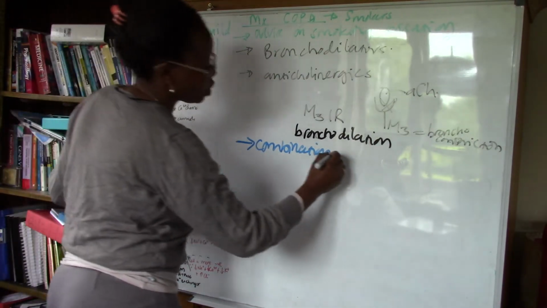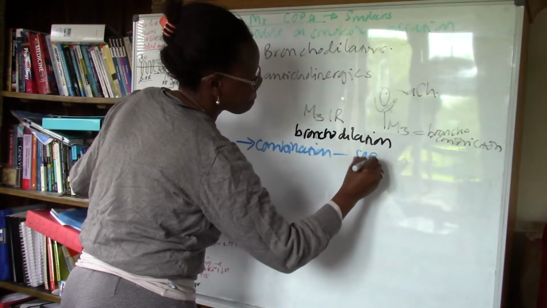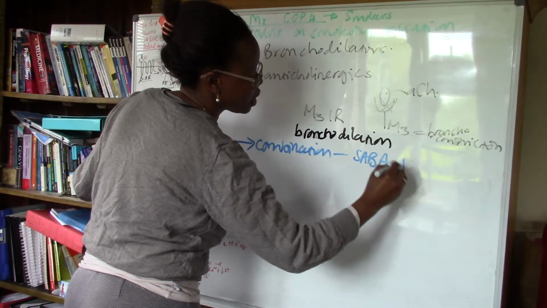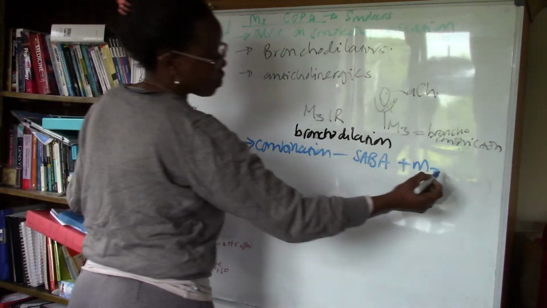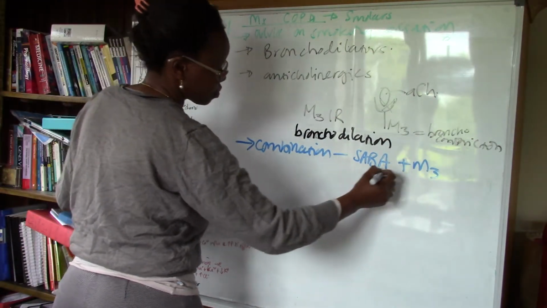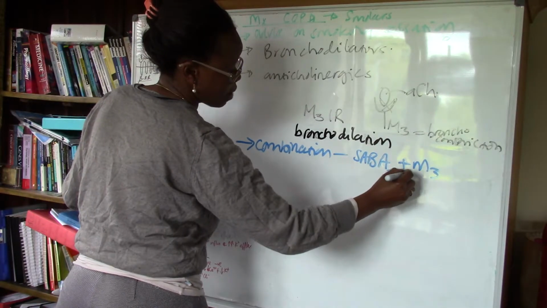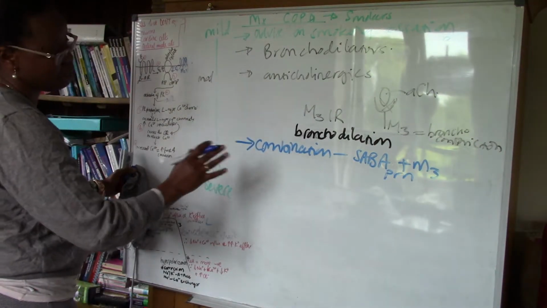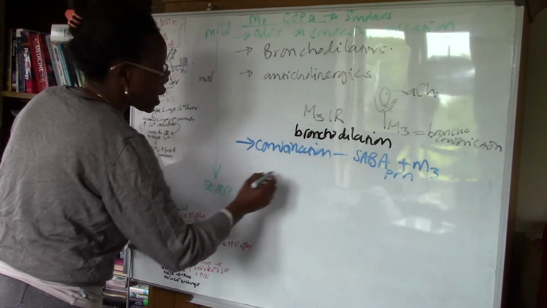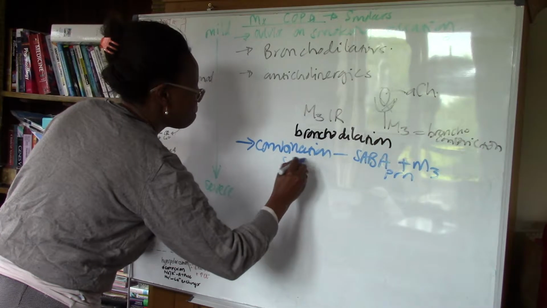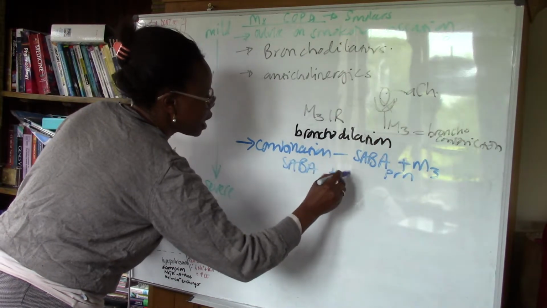For example, a SABA can be given with an M3 receptor antagonist, and that can then be used PRN or as a management plan for the COPD, or you can have a SABA and a LABA together.